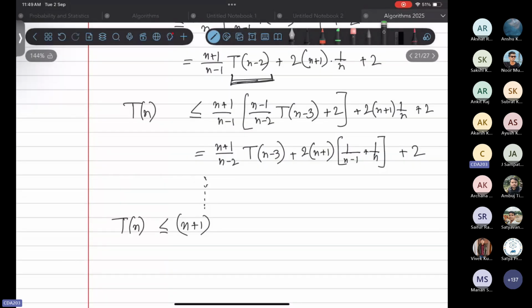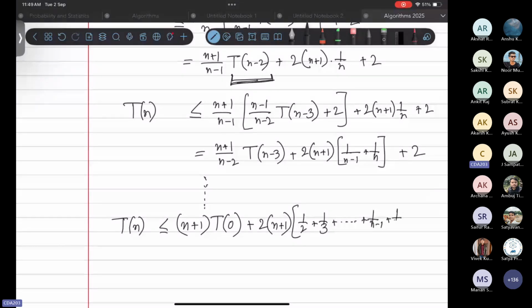Okay. So all the way down, I'll get the denominator as 1, and then that will give me t of 0. Right. And this second part will increase, so that will have like a half plus 1/3 all the way up to 1 by n, and we have this term.